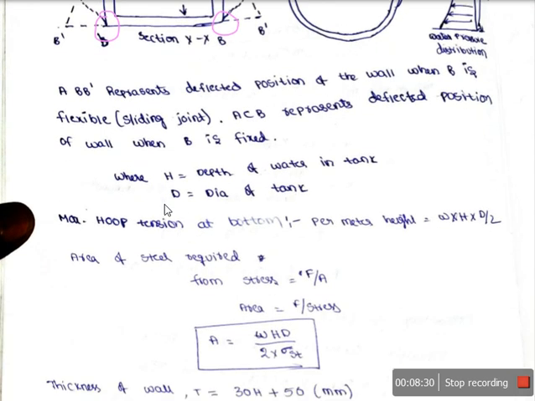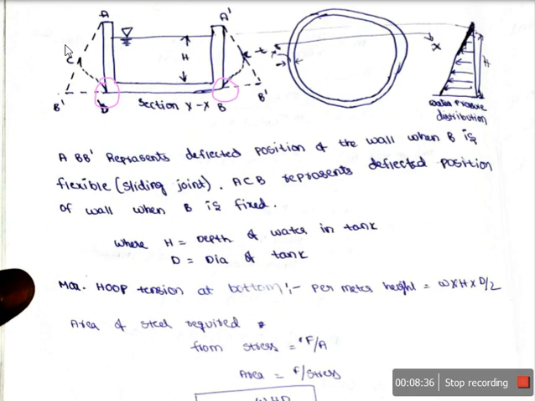Whatever it is, IS 3370 always says your side wall will undergo hoop tension. So hoop tension is nothing but the hoop pressure which we have already discussed in strength of materials. Whatever may be the shape of the retaining wall, if you have a liquid inside it, that liquid exerts some pressure onto the walls.